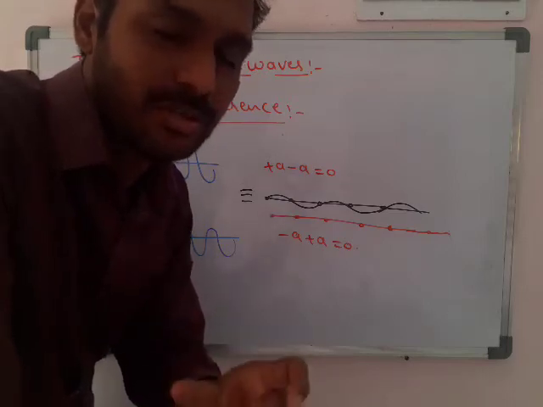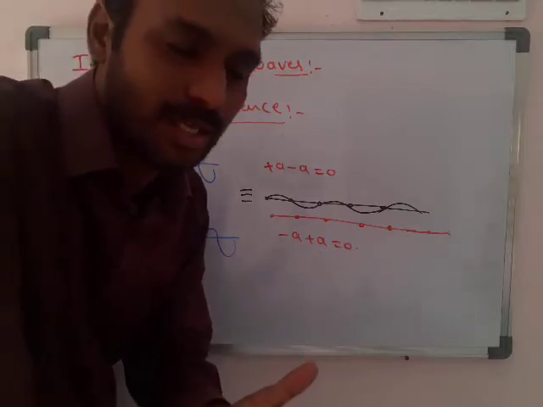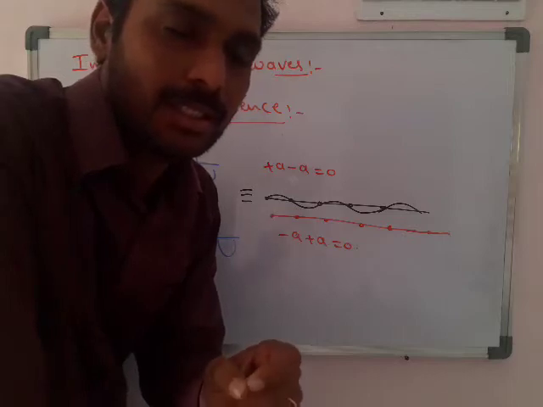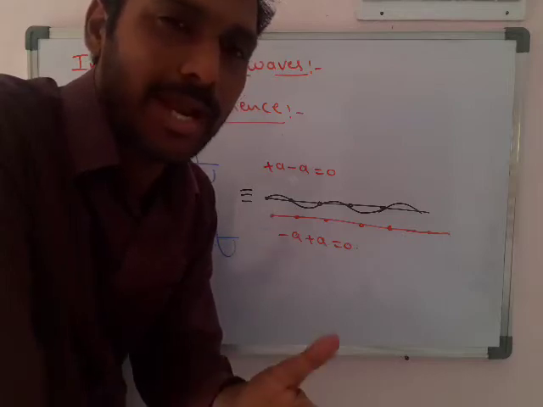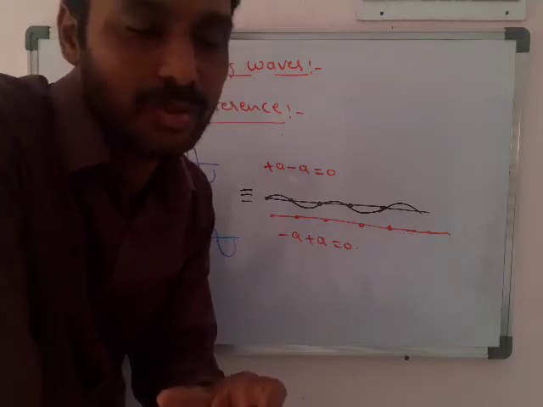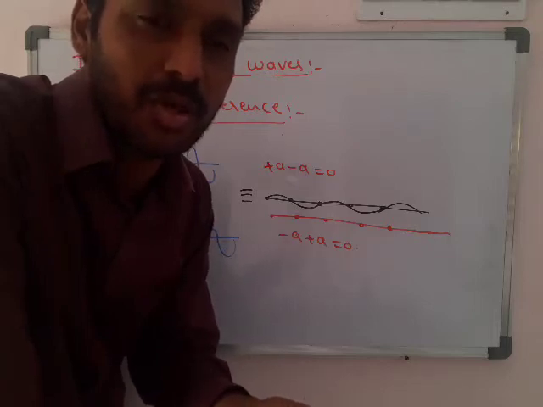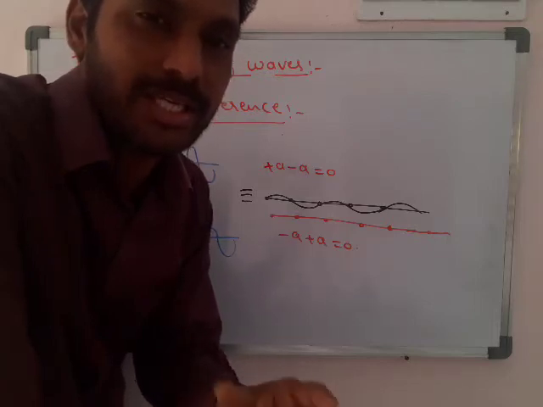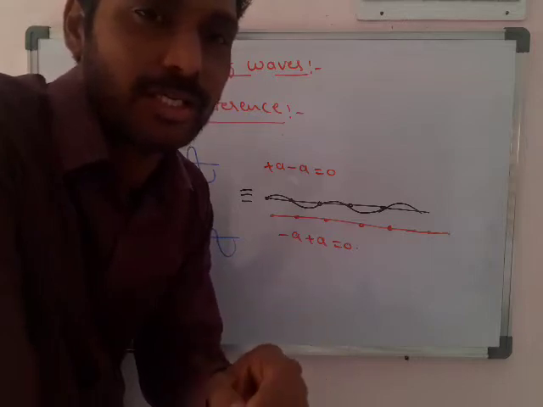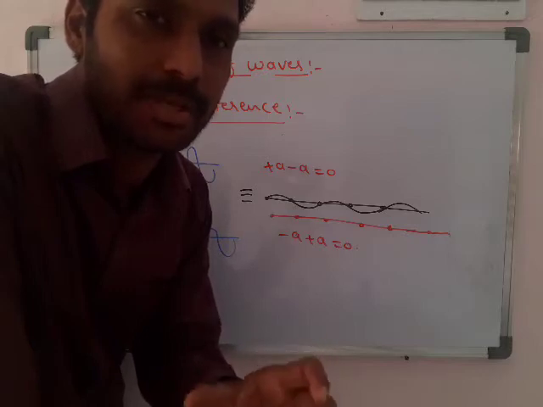Generally in experiments, for example, we have an experiment to identify the structure of a crystal. We know sodium chloride, cesium chloride, and many different crystalline solids. To find out what type of structure these crystalline solids have, we have an experiment called Bragg's experiment.